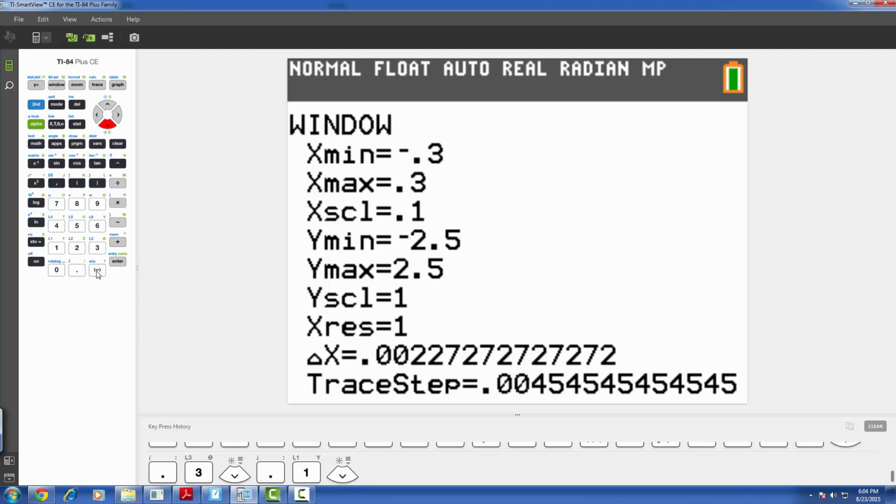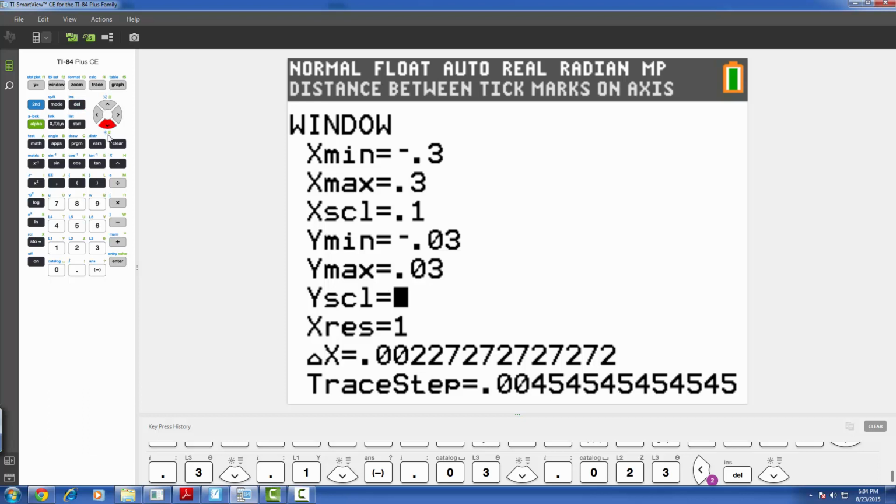So we're going to go to like -0.03. And our y maximum will go to +0.03. Oops. Let's get rid of that. There we go. And our y scale, let's go by, oh, we'll just say 0.01.